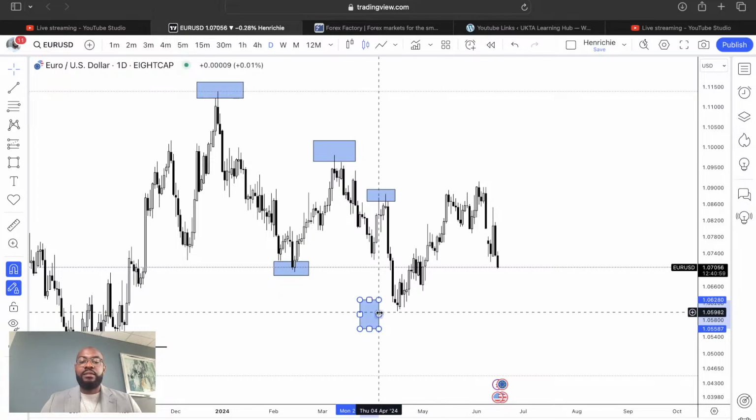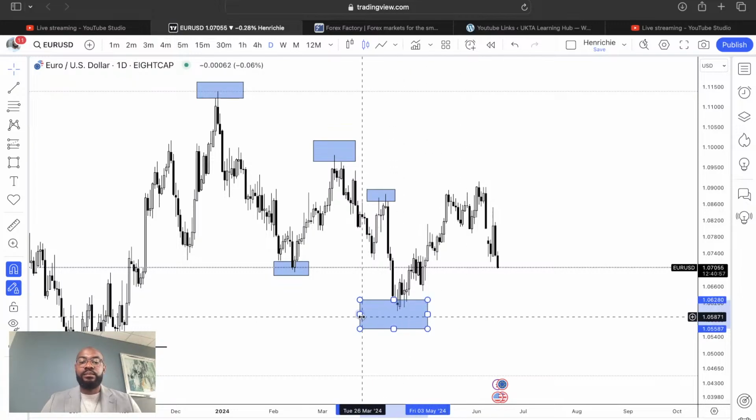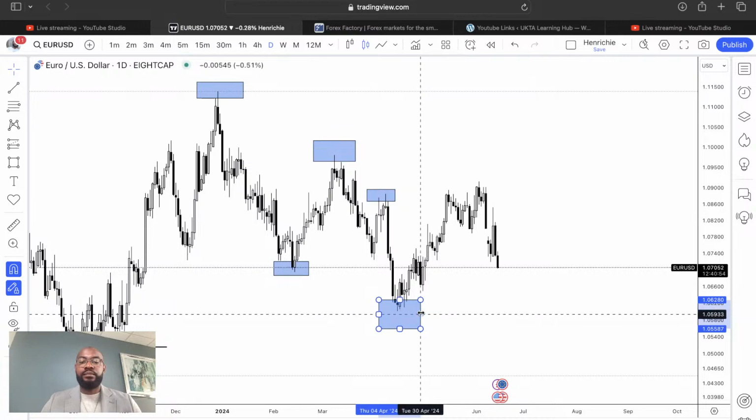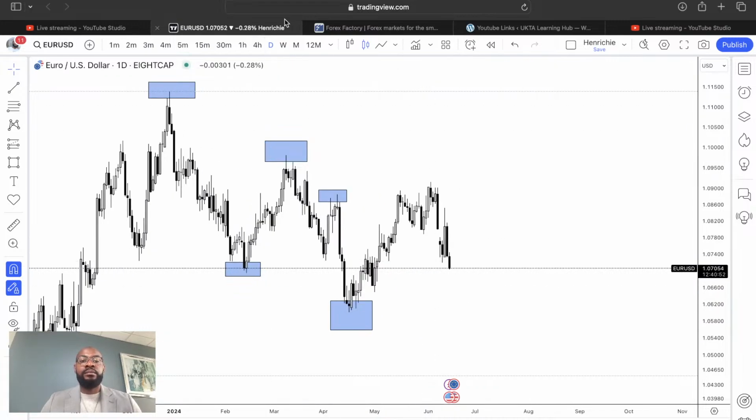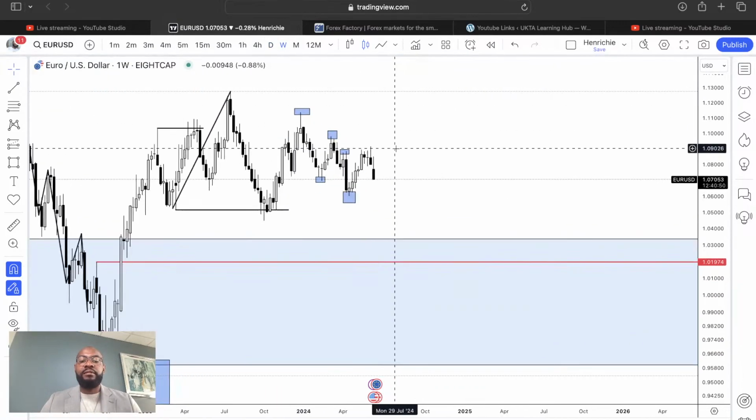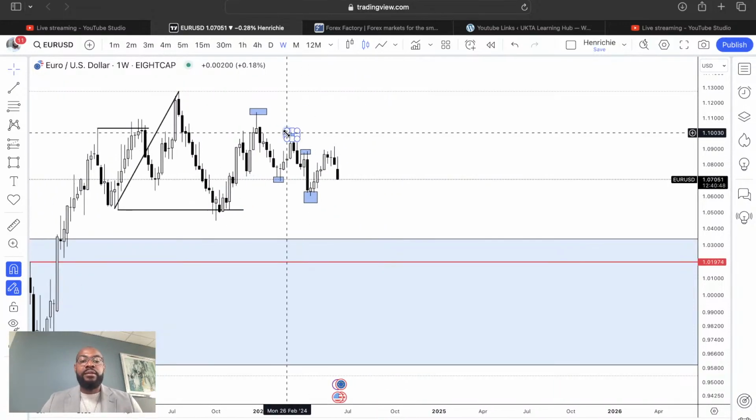And right here you can see we have our low here. We look at the weekly time frame. Right now on the weekly time frame, we're working with this range high and this range low.